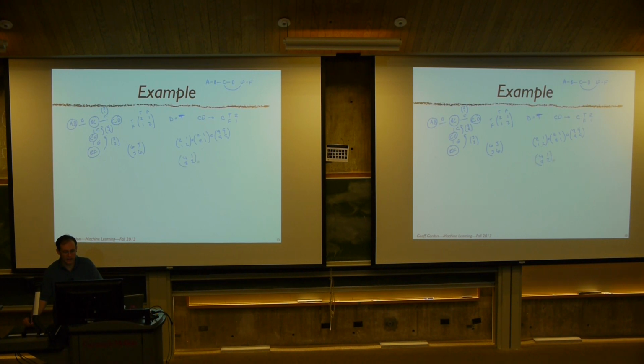I'm just going to write 9 times that because I don't want to carry around the bigger numbers. Then we sum that out. Again, we're summing out the C so that we get a message over B, and that becomes 5 and 4 times 9. So that's the message here, 5 and 4 times 9. That's going that way, and this is also going that way. So that's inward from the leaves to the root.